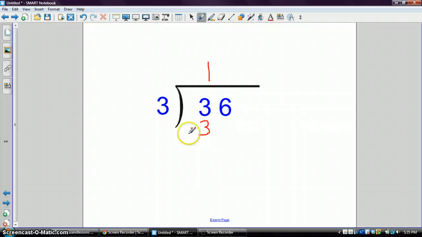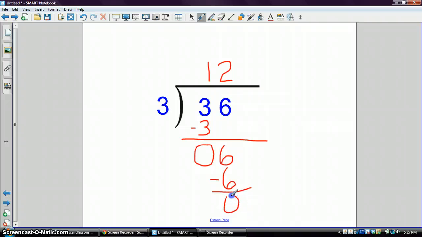We subtract this, and 3 minus 3 equals 0, and we bring down our 6, and we have to ask ourselves again how many times does 3 go into 6, and it goes in 2 times. Check our work. 2 times 3 equals 6, and 6 minus 6 equals 0.